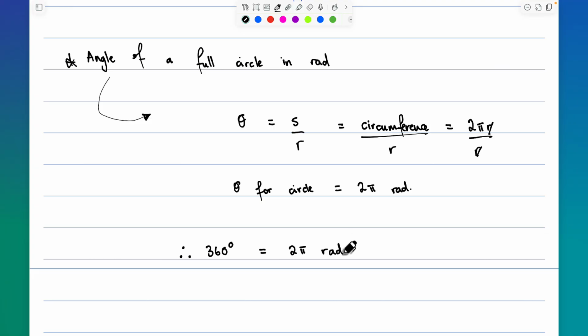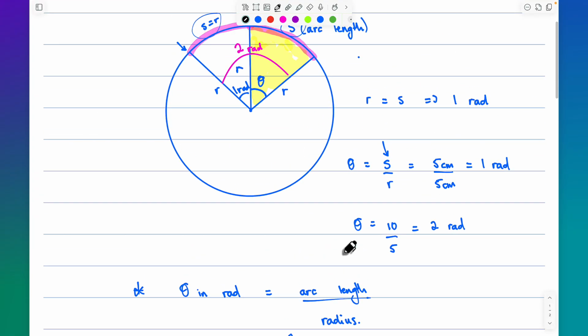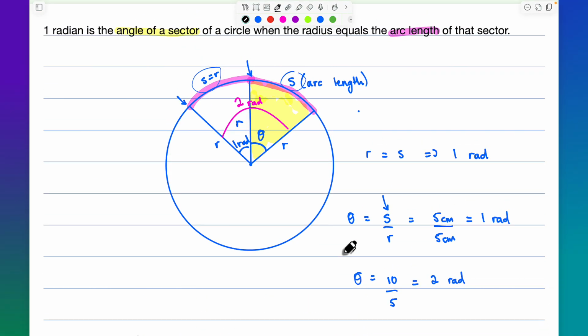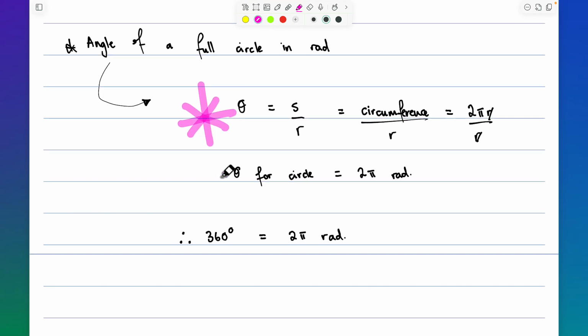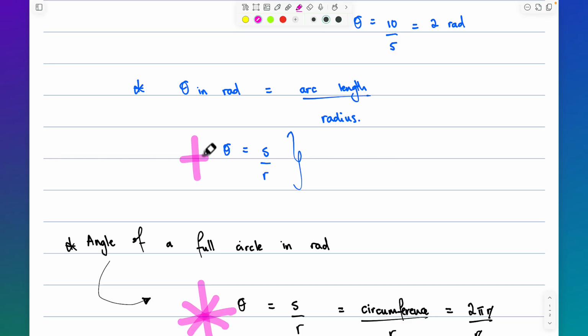All right. So what we're going to do is stop here, because this is a completely new concept, so we don't want to introduce too many things at one time. But the most important takeaway in this video is to be able to use this formula: your theta in radians is the ratio between your arc length and your radius.